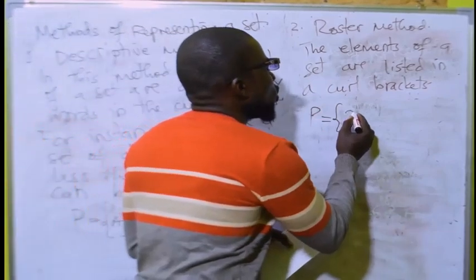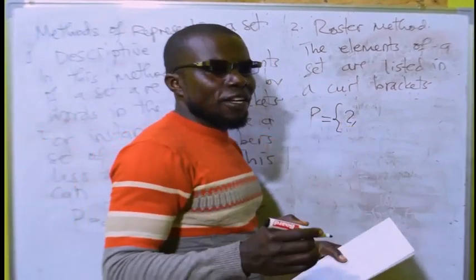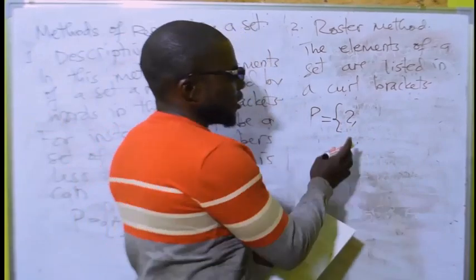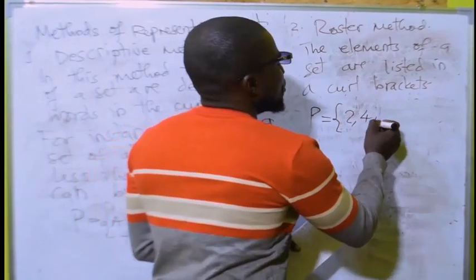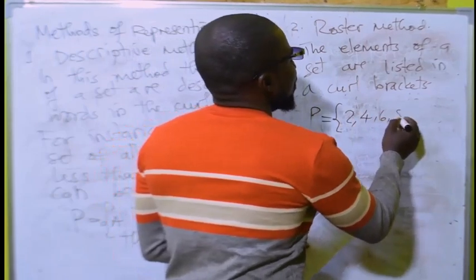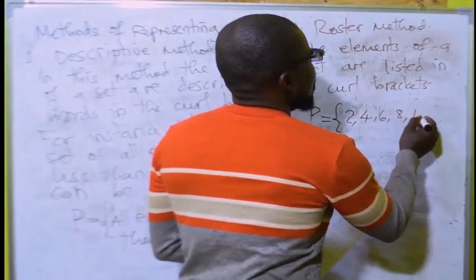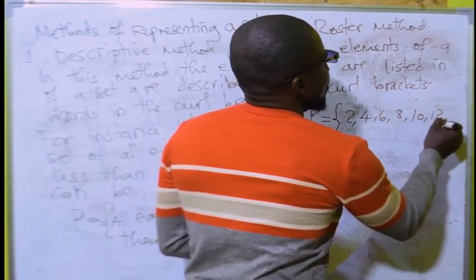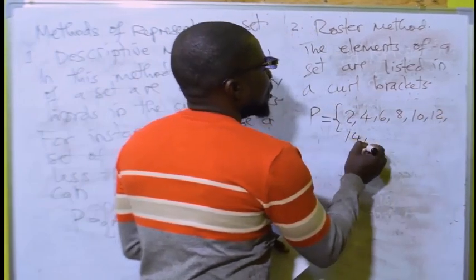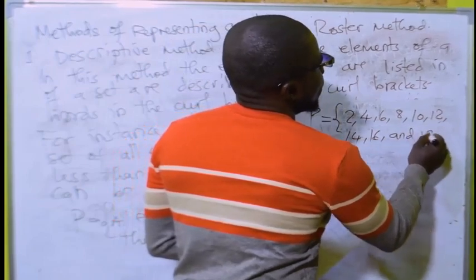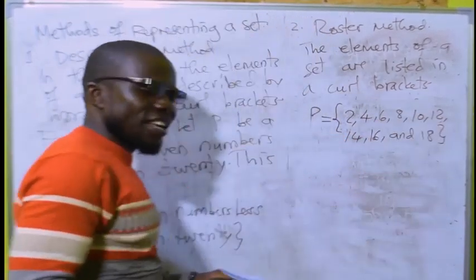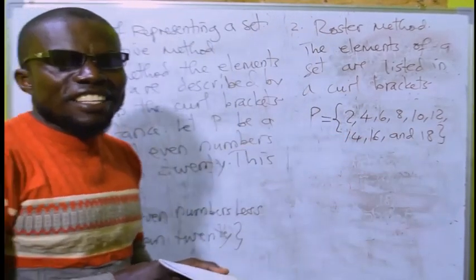You write all those even numbers separated by commas: 2, then the next even numbers is 4, followed by 6, followed by 8, then 10 and 12, the next one is 14, then 16, and the last one is 18. So these are the even numbers less than 20.